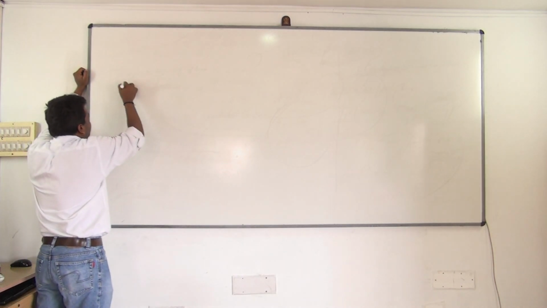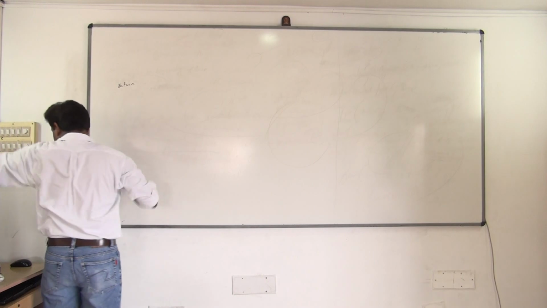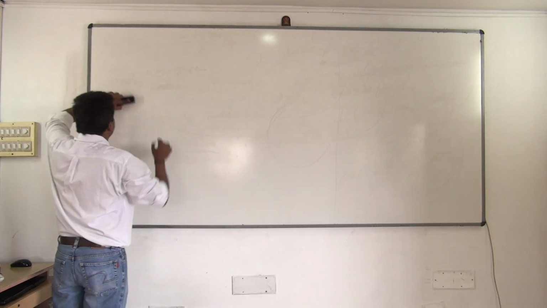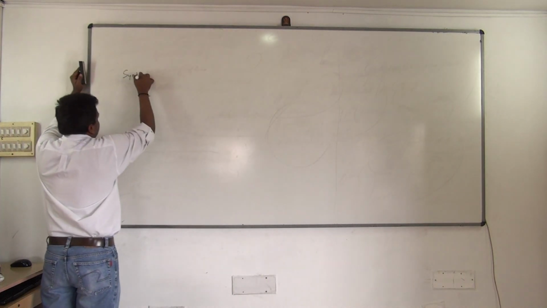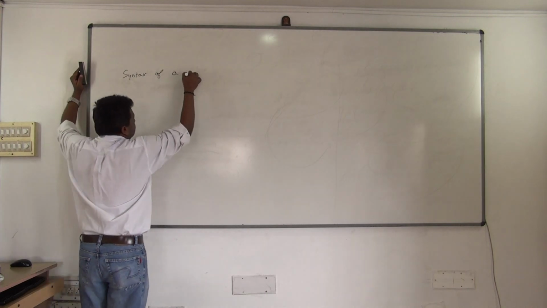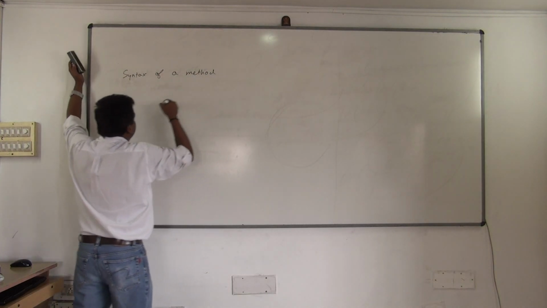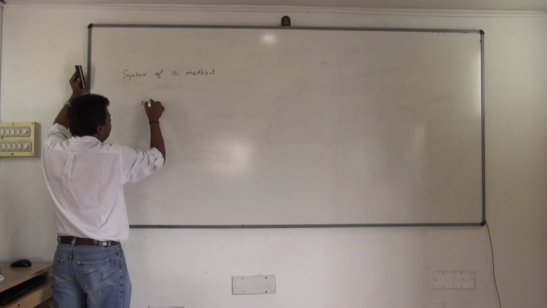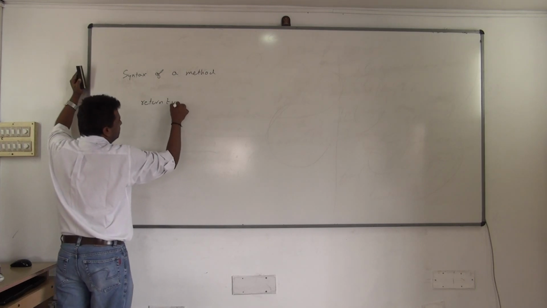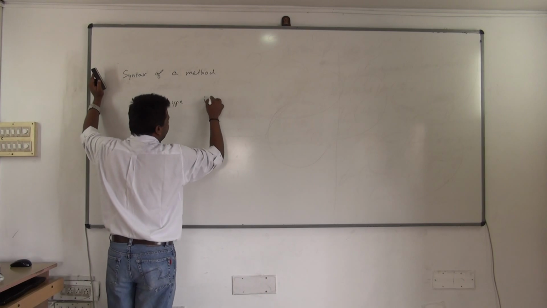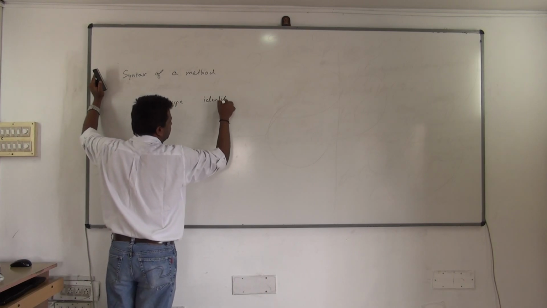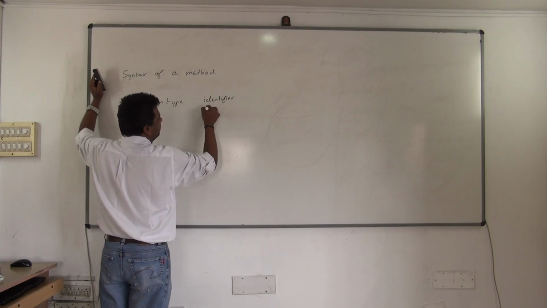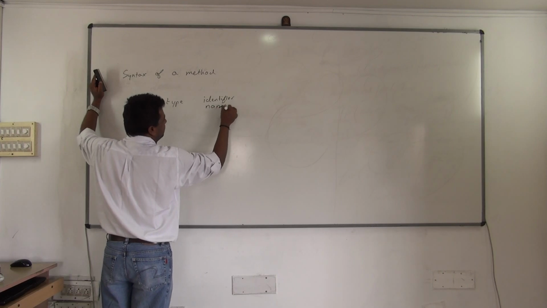Simple. Just write it; later on you'll see all these things one by one. Syntax of a method: you'll have a return type, then an identifier, meaning a name, which can be anything.